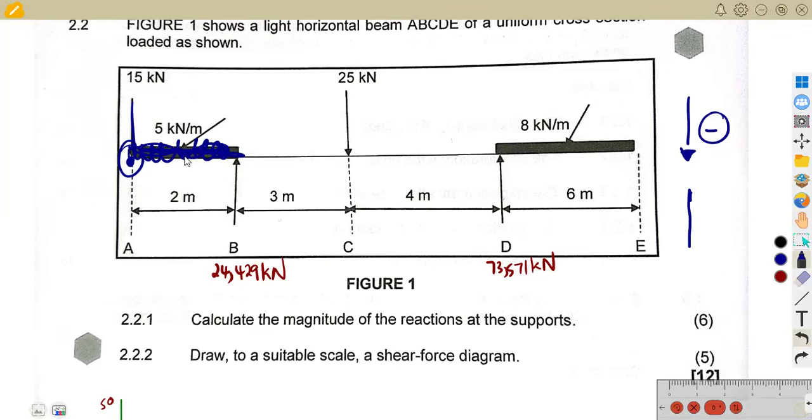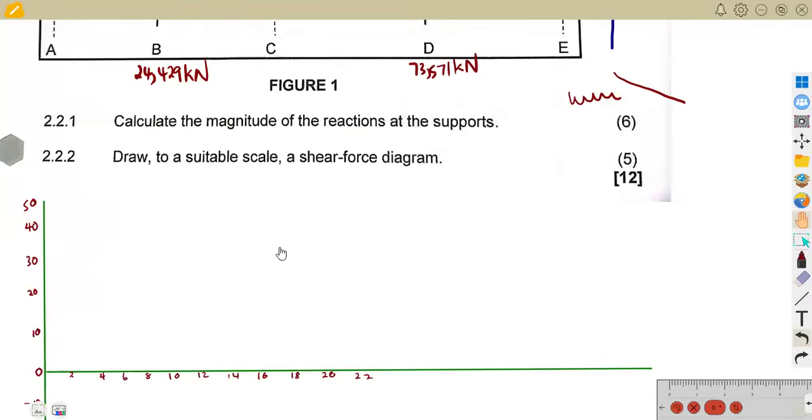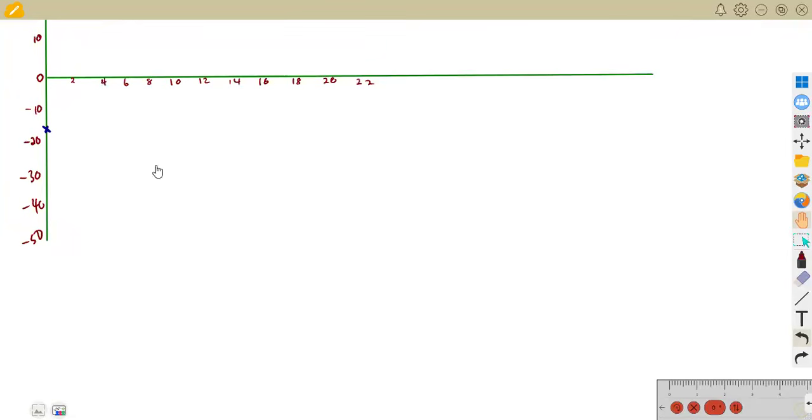Then from there, if we check between these points A and B, what is happening between A and B? There is a distributed load of 5 kilonewton per meter. A distributed load is represented with a diagonal, slanted line. So you're going to subtract 5 affected for how many meters? For 2 meters. Remember, we are at negative 15 kilonewton at this point.